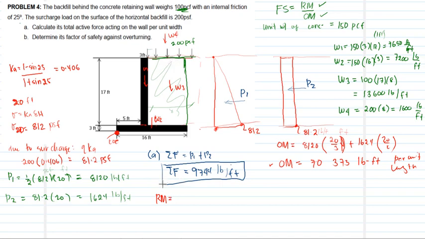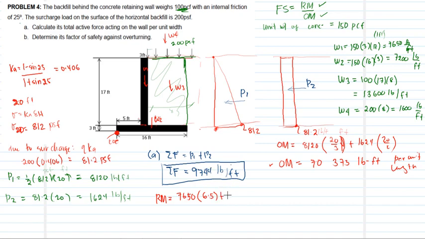So, start natin sa W1. So, 7,650 pounds per feet multiplied by the length. Pag nag-moment ka dyan, that is 5. Tapos half ng 3 meter, that is 1.5. So, 6.5.